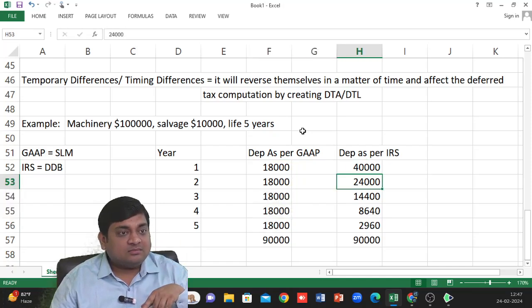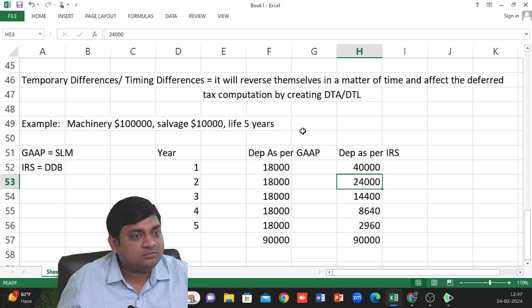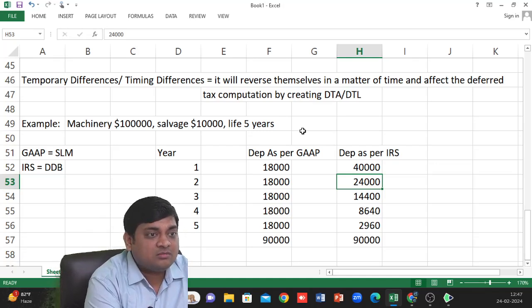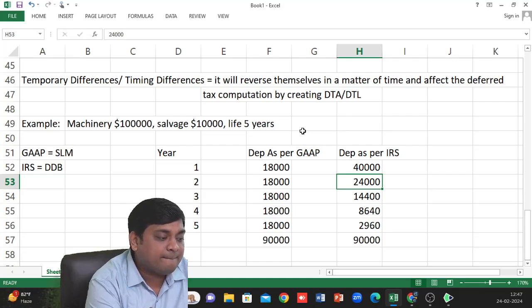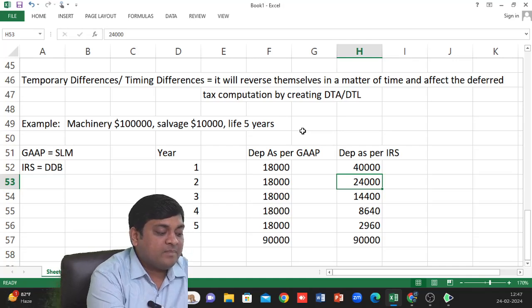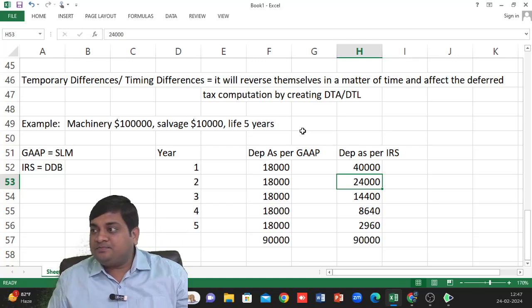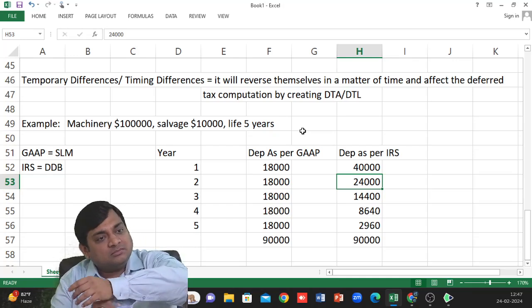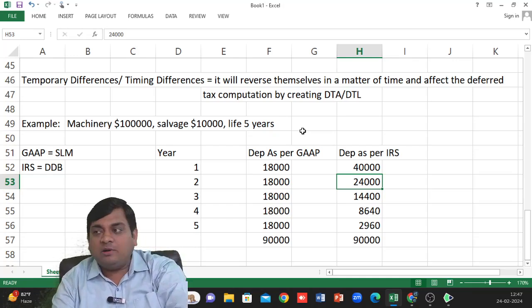Depreciation cannot reduce carrying value below salvage. This thing you know. We cannot go below depreciable base. Intangible asset we have done this. Though in calculation salvage is not considered, total depreciation cannot go below salvage.